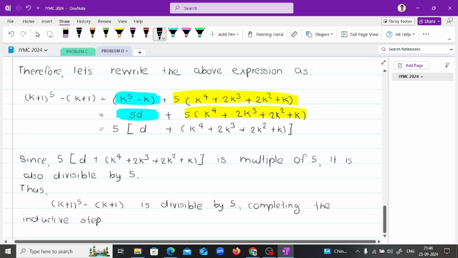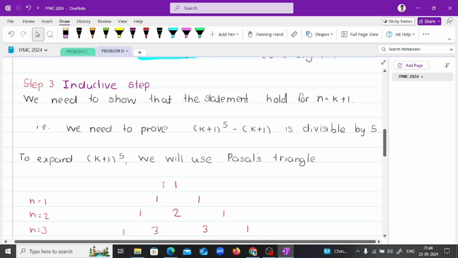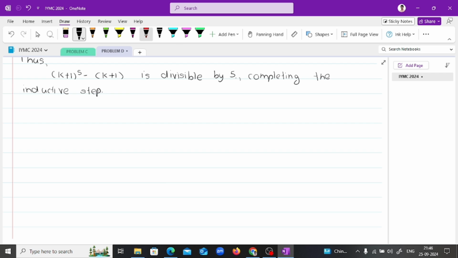So we have assumed that the statement holds good for n ranging from 1 to k, including 1 and k, and we have now proved that the statement is true for n equal to k plus 1.